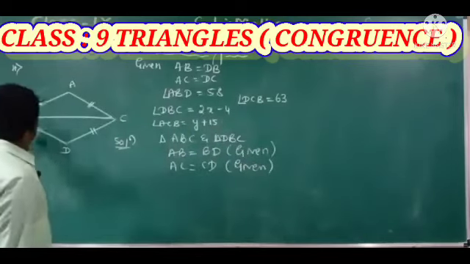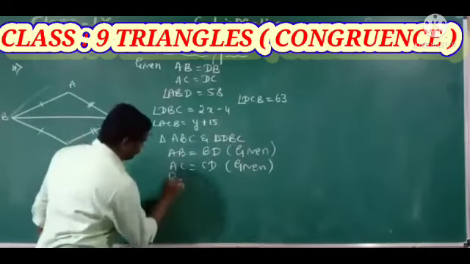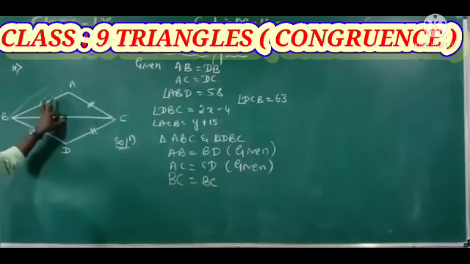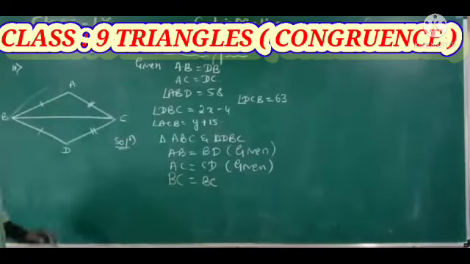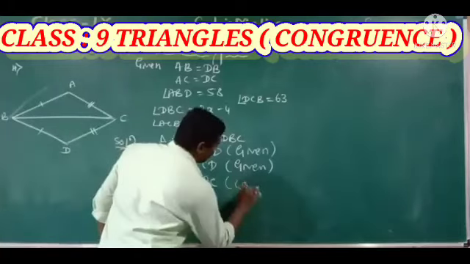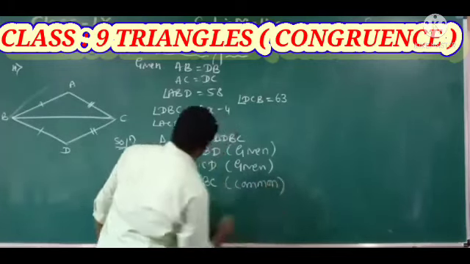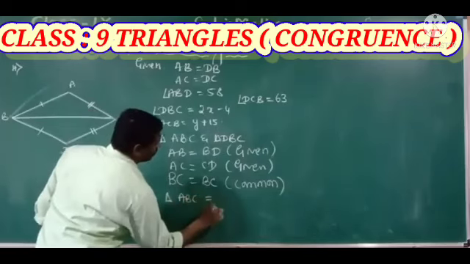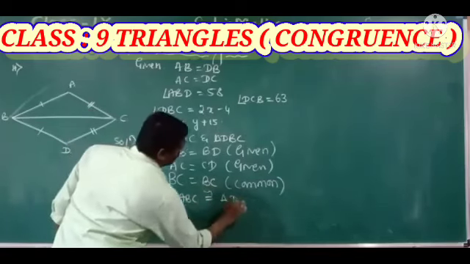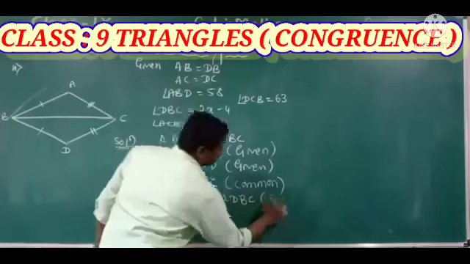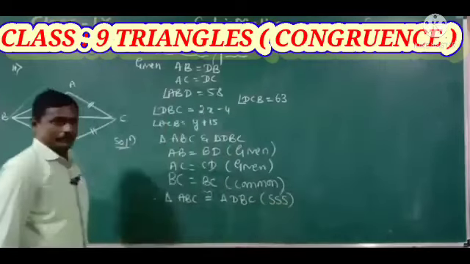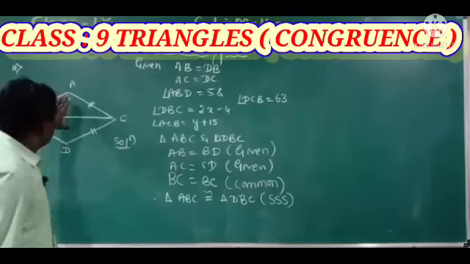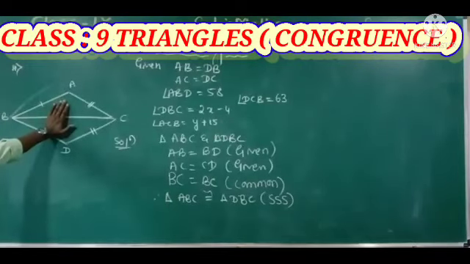Right. Next, BC is equal to BC. This BC is the common side for these two triangles. Therefore, triangle ABC is congruent to triangle DBC by using SSS criteria. By using SSS criteria, we proved that these two triangles are equal.